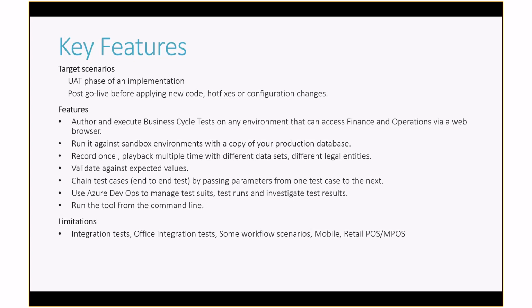And for those who need more advanced scenarios, there's a command line version of this tool that allows you to do a lot of this from the command line and possibly use more build and test automation features of Azure DevOps to take advantage of the tool.